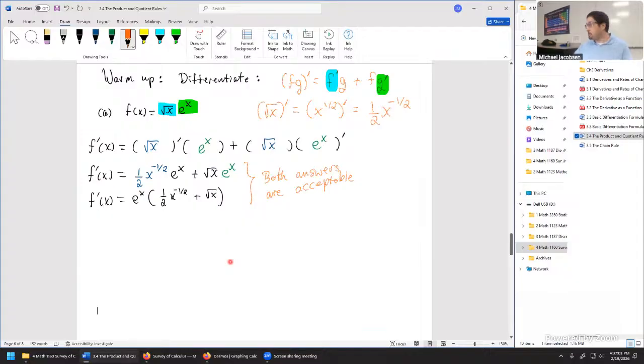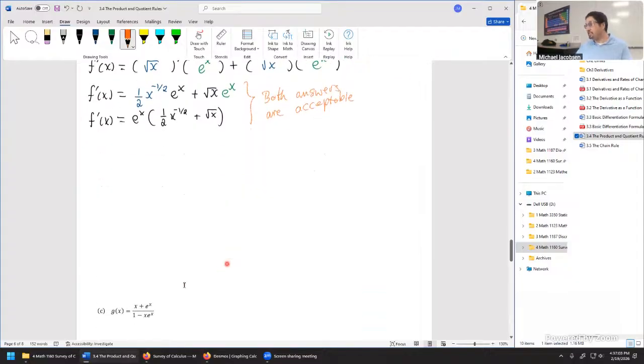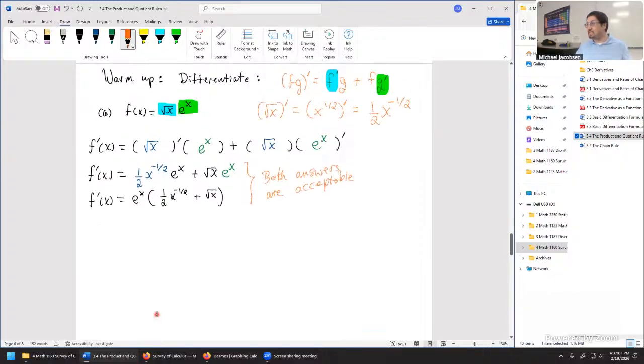Okay, again, our ultimate goal to start off class is to differentiate that thing down there, but it's actually a bit of a monster, so that's not a good one to start class with. So let's do our second warm-up problem. We warmed up with seeing how the product rule goes, that formula here by the red dot. Now, if we're going to do a quotient rule, here's a pretty standard looking quotient rule type of problem. So for part B, I don't know why I wrote an equality right there.